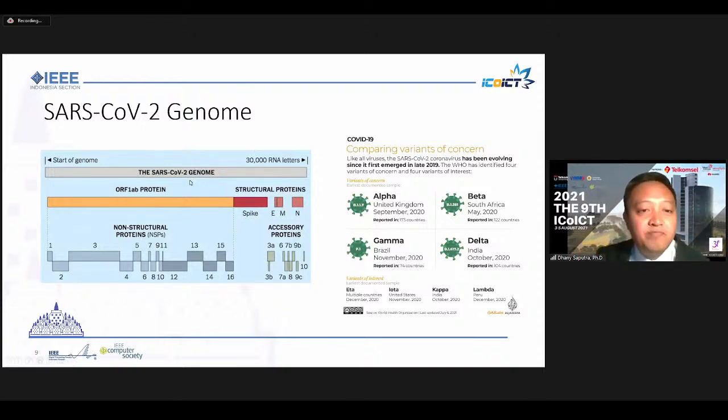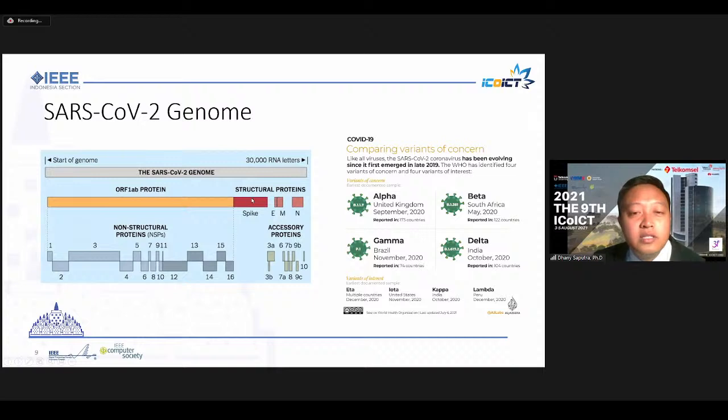So as we know already, the genome of SARS-CoV-2 is around 29,000 RNA letters, and most of them code for ORF proteins, non-structural.